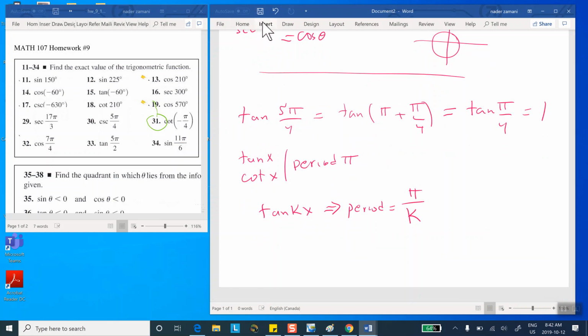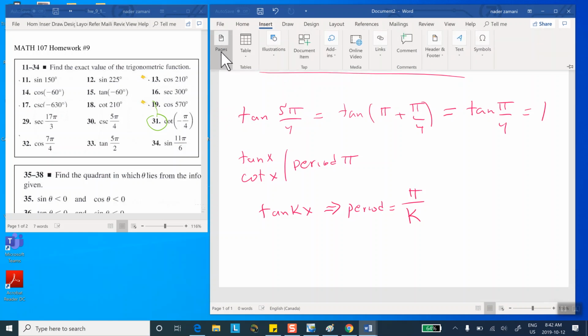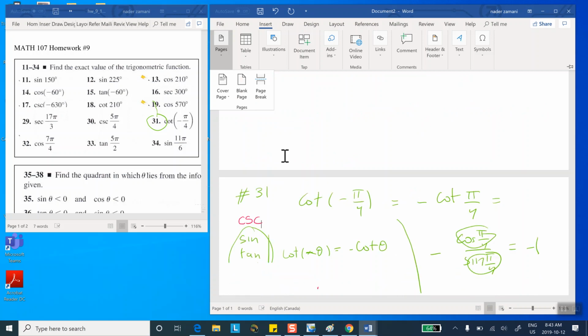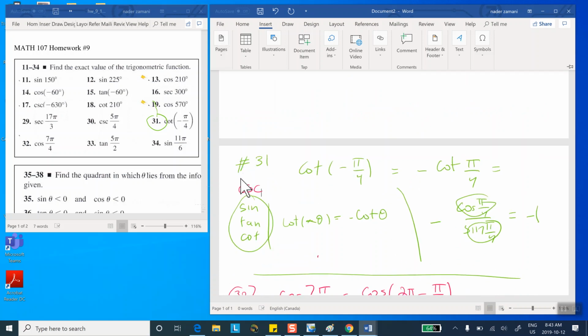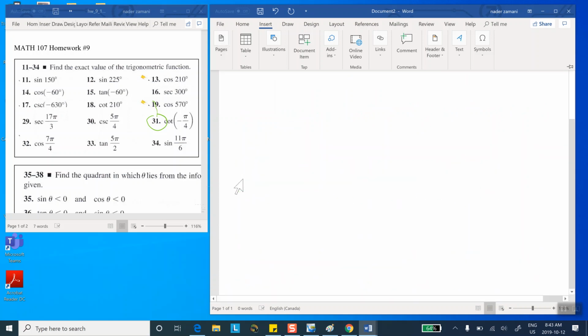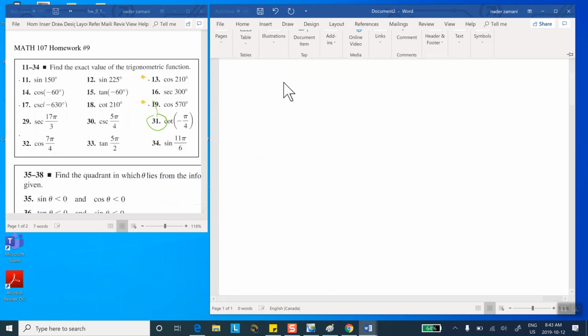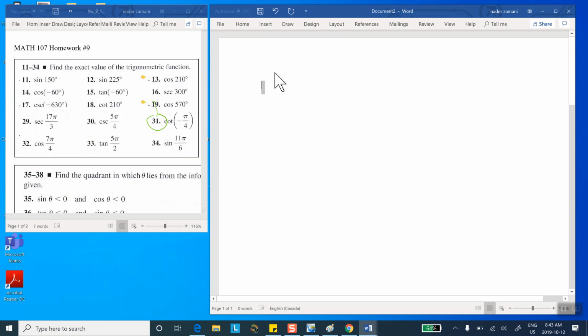Okay, so let me do another page. Number 33. We have tangent of 5 pi over 2.